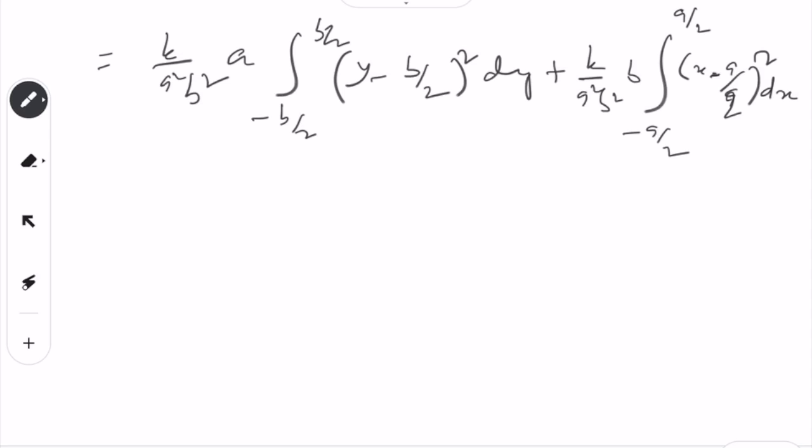Okay, so that will be equal to k over a square times b square, and then we have a and b only.